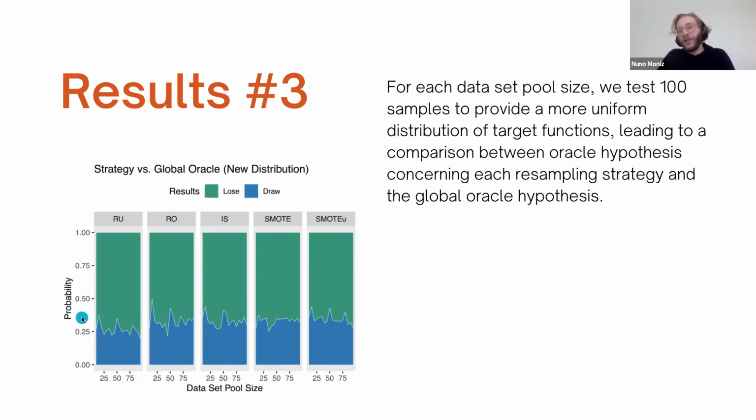So now we can see that the probability of draw, so of being practically equivalent to the best possible model within the models that we tested, which were 444, are quite similar, not exactly similar, but very similar within the oversampling strategies, which are these 4, and random undersampling strategies.